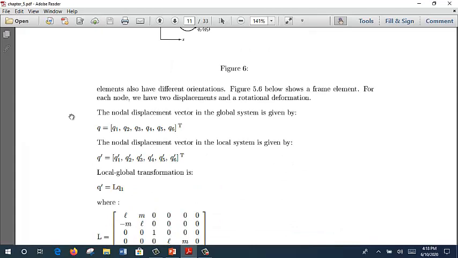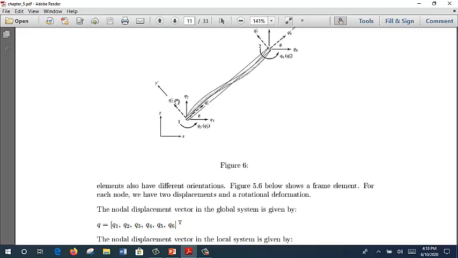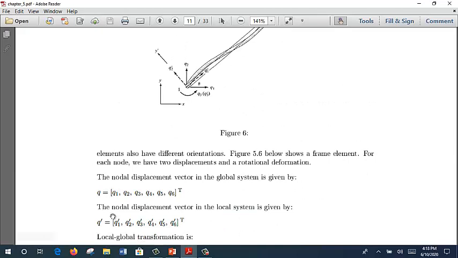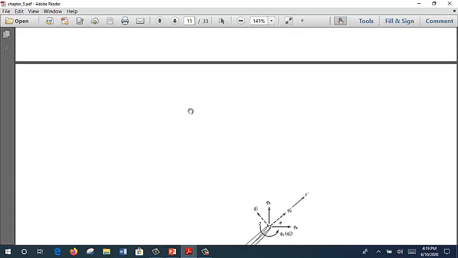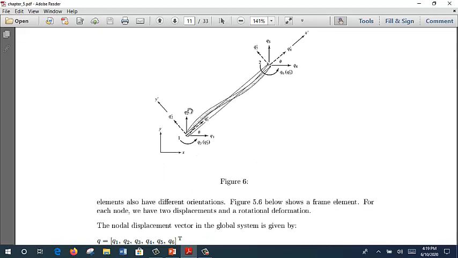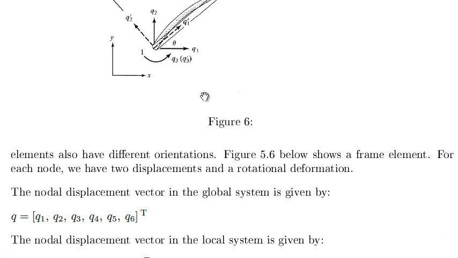For each node we have two displacements and a rotational deformation. So from here, you can see they have two displacements, Q1 and Q2, right, and a rotational deformation. This is special about the plane frame compared to the beam. So they have a Q3 which represents the rotational deformation.